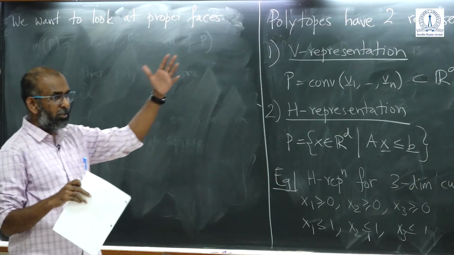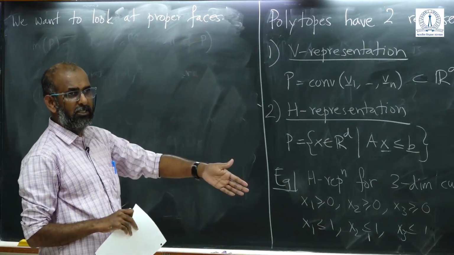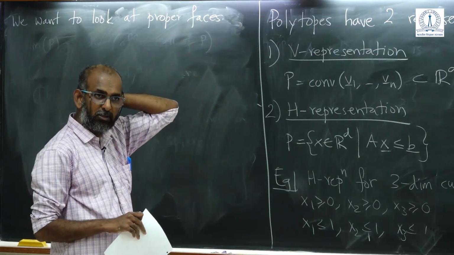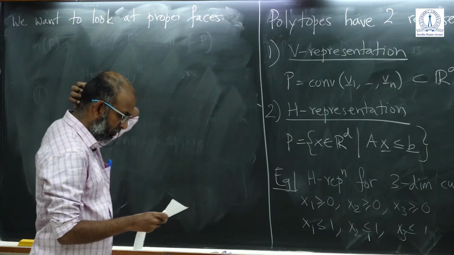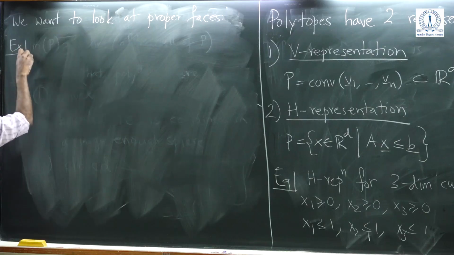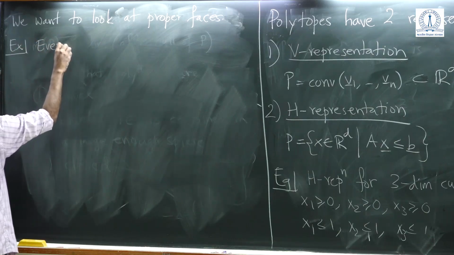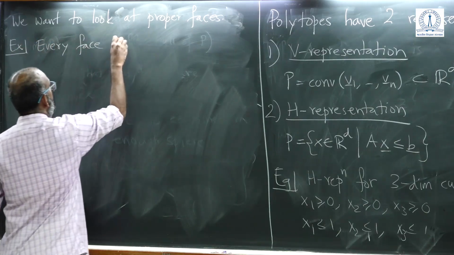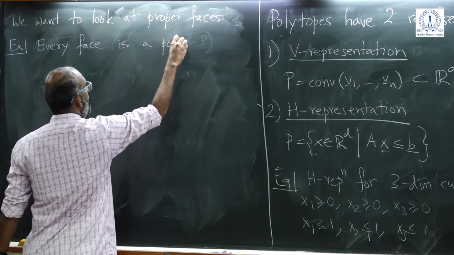Since P is convex, every face is going to be convex. I mean, one has to argue, but it's not hard. Exercise: every face is a polytope.